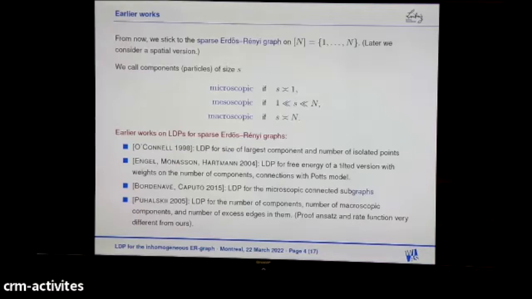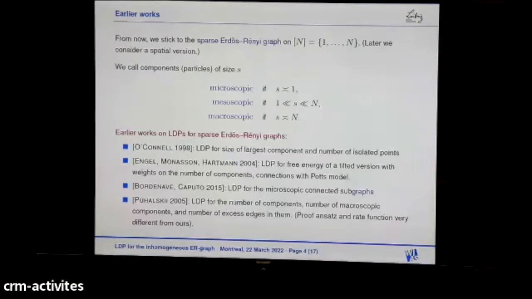There are some forerunners of the LDP that I'm going to show you now. These are the 4 papers that I think I should mention here. For certain quantities of the Erdős–Rényi graph, these papers gave already some large deviation statements.